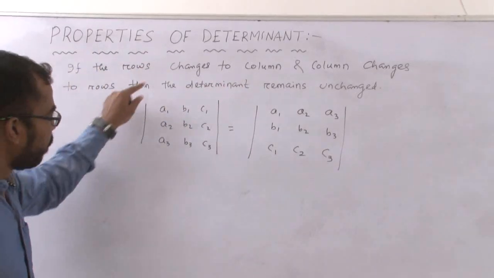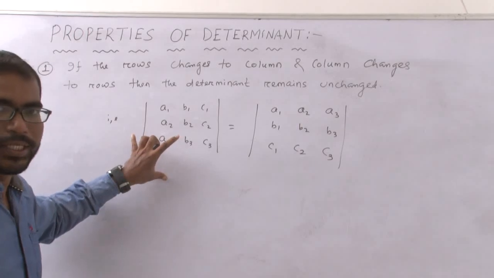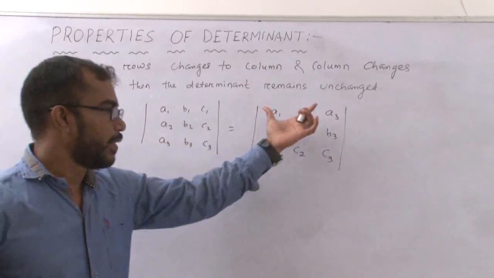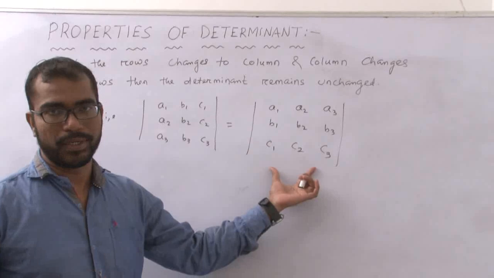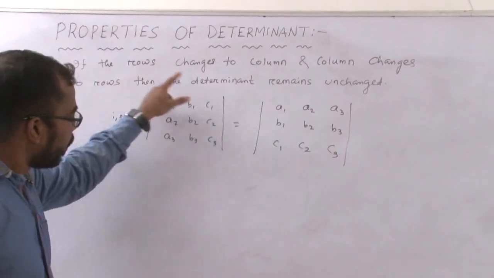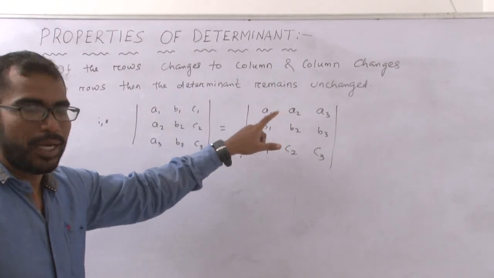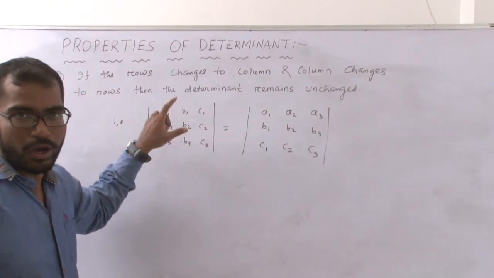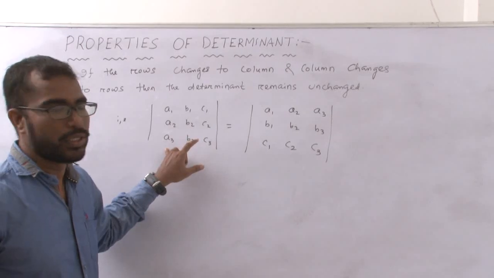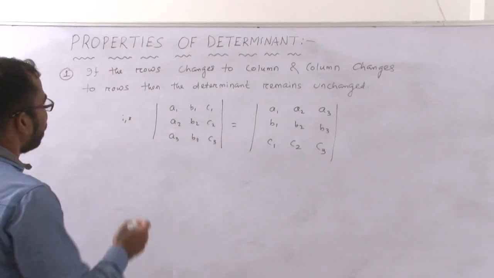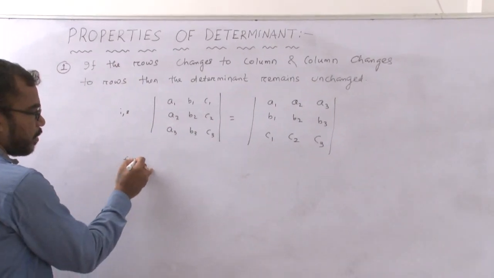That means the value of the left part of the determinant is equal to the value of the right part. So if we change rows into columns of a determinant, the value of the determinant remains unchanged.